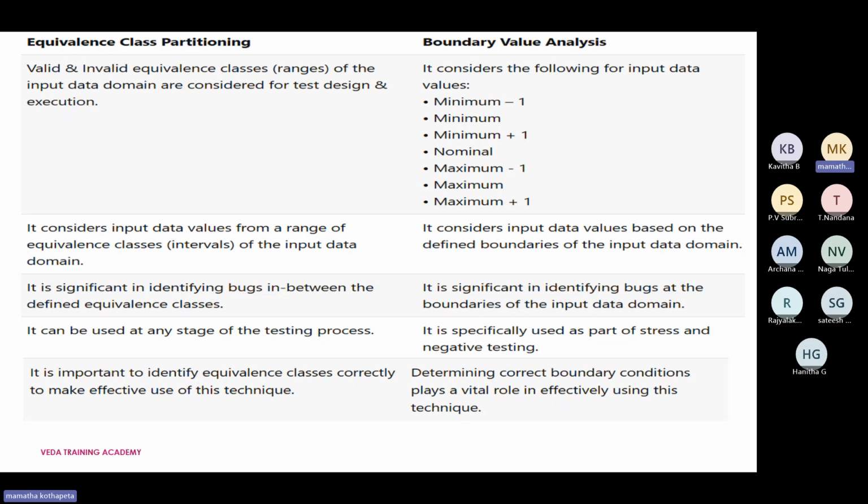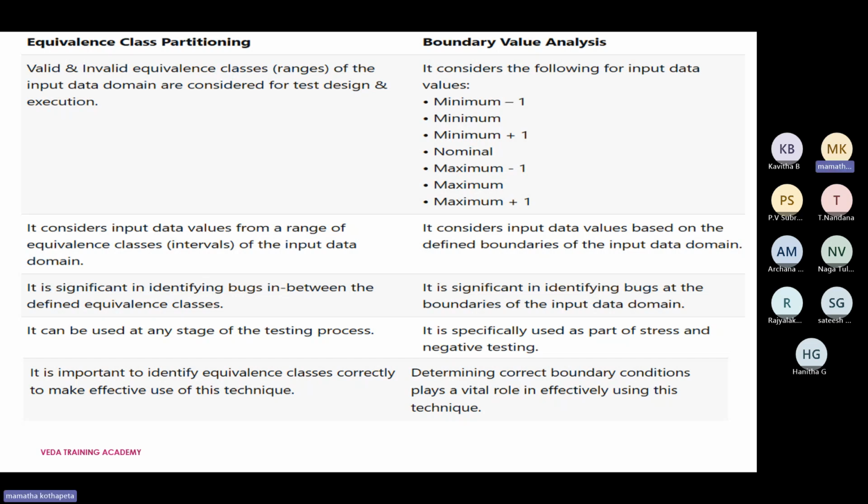It considers input data values from the range. Boundary value analysis defines the boundaries. It is significant in identifying bugs in between the defined equivalence partition. Of course, inside the partition, if there are any errors, they will be identified. The same within the boundaries, if there are any issues, they will be identified by boundary value analysis.